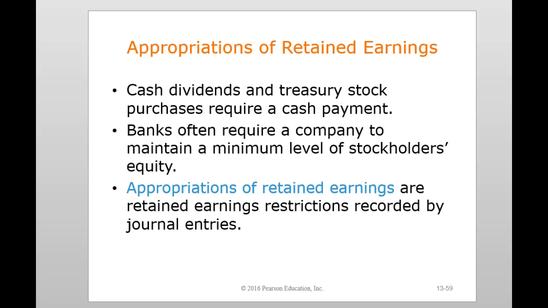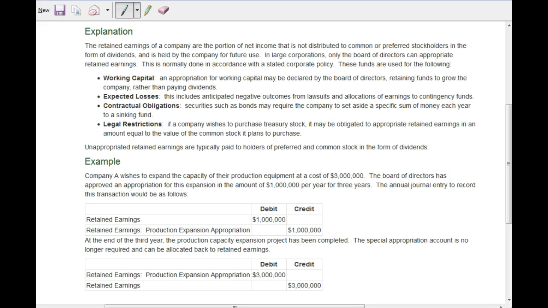Let me see if I can find that. I have an example of it. So retained earnings is an accumulation of net income and other funds that have come into the company through the profit stream.